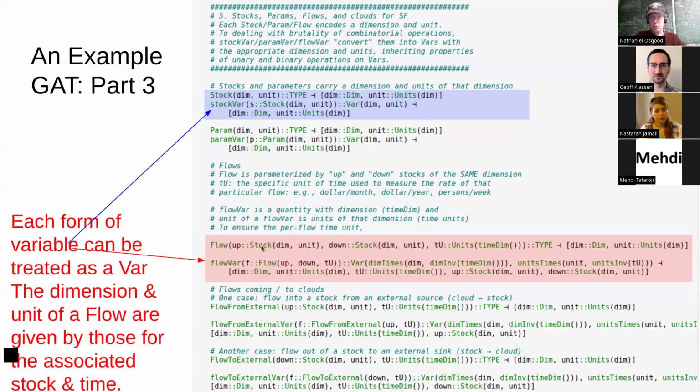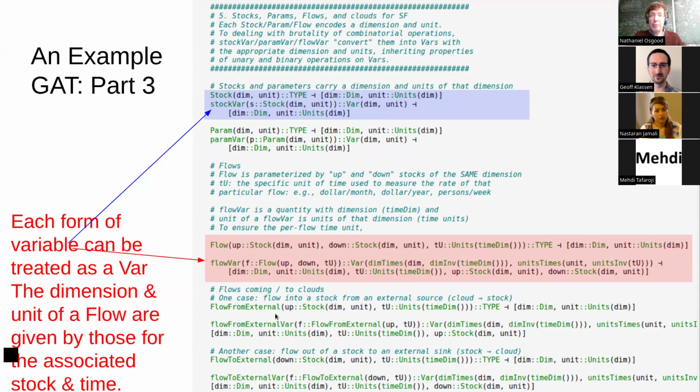So the upstream stock and the downstream stock have to be of commensurate units, for the same dimension by extension, and this is a time unit here, a unit of dimension time. So if you have a given dim and unit, and a flow that goes between stocks of compatible dimensions and units, with this being the time, then now we have a type that we can manipulate.